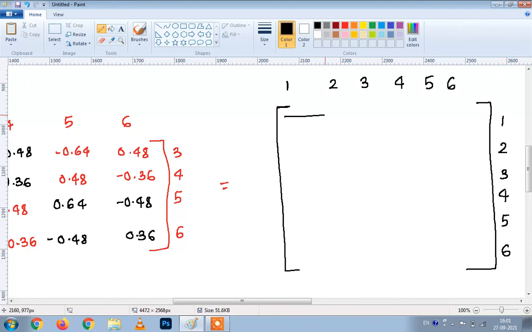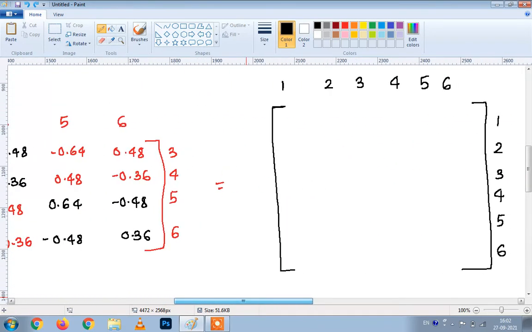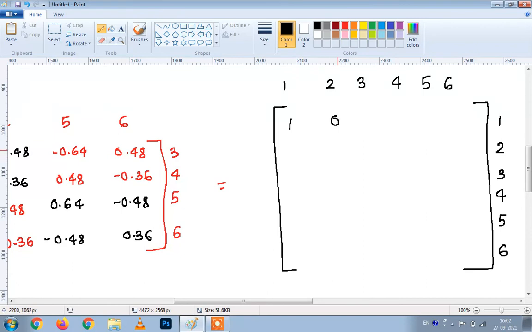It will be placed here, 1 2 3 4 and 1 2 3 4. So we will write this matrix as it is: 1 0 0 0, minus 1 0 0 0, and so on. So this first matrix is written here.